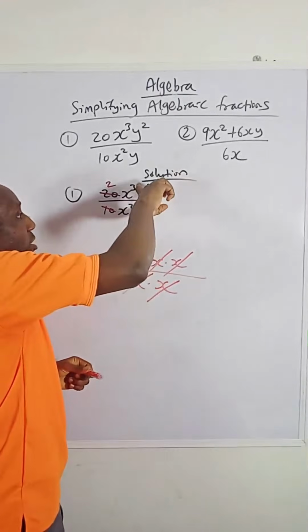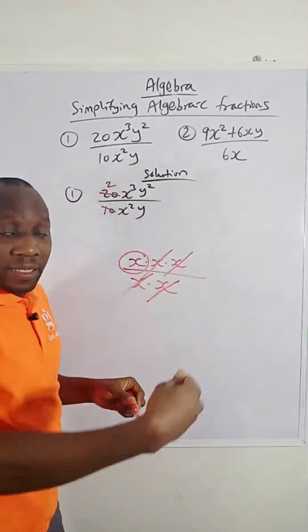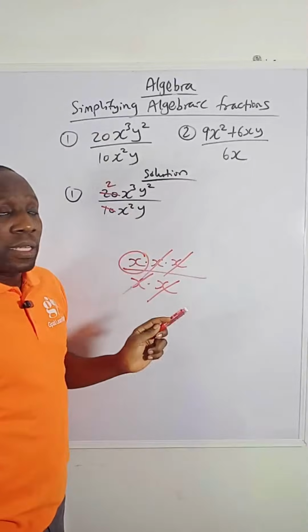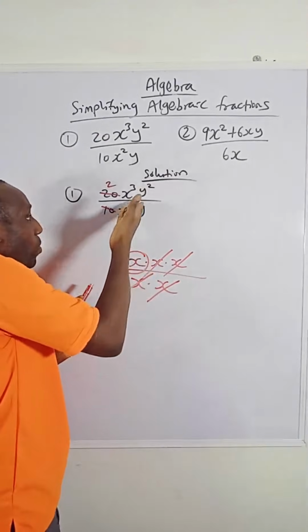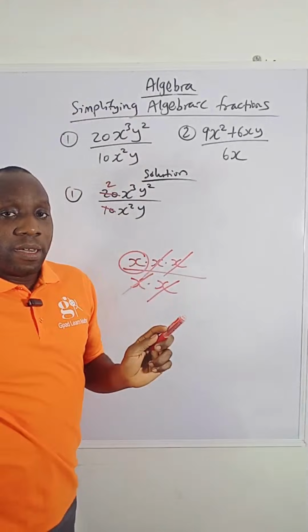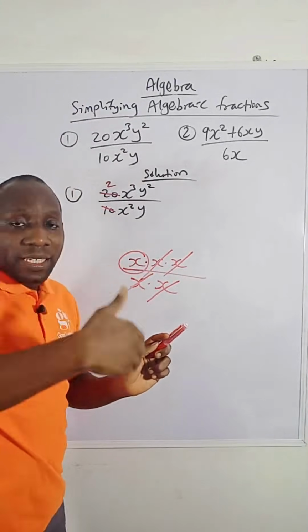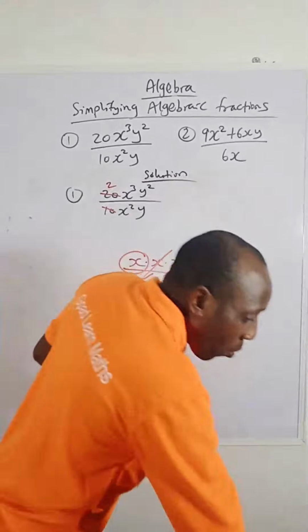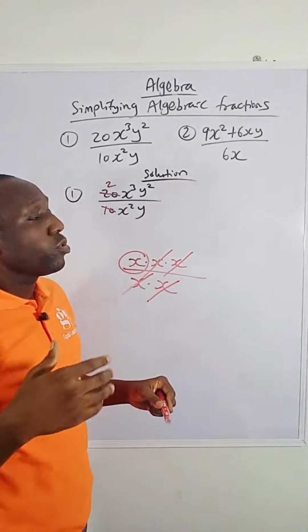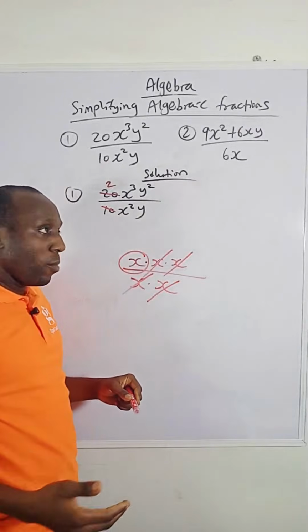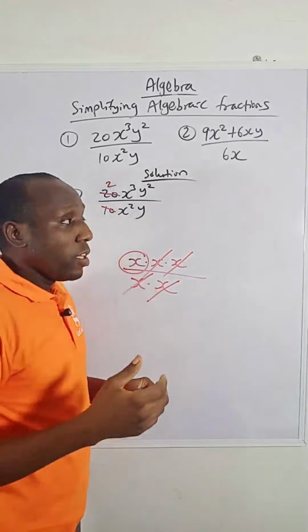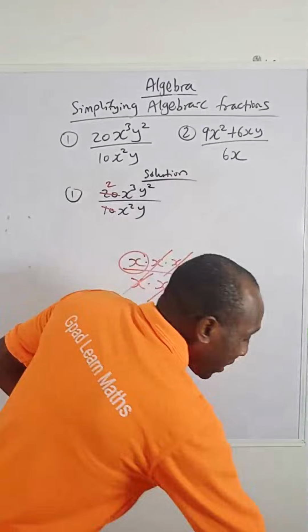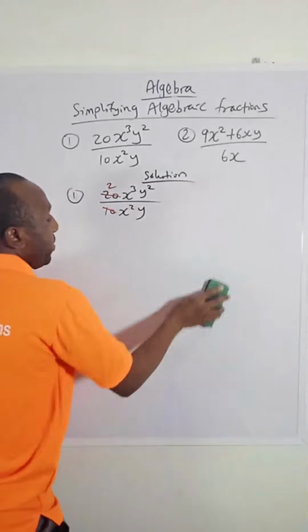The power here is 3, but here it is 2, so the 2 will be used to cancel 2 of those x's. Then you have one more x standing here. I'm saying this so that when you want to simplify other questions like this, you won't have to lay it out fully. You can just easily simplify and get your answer.